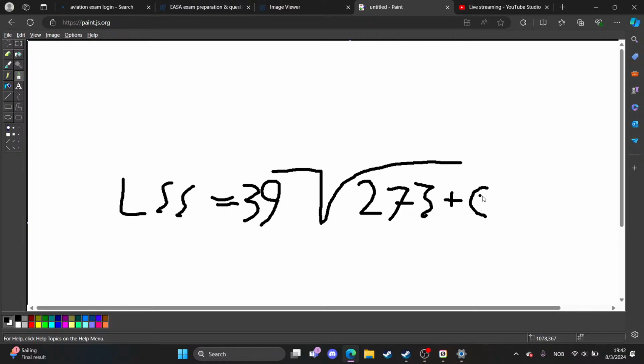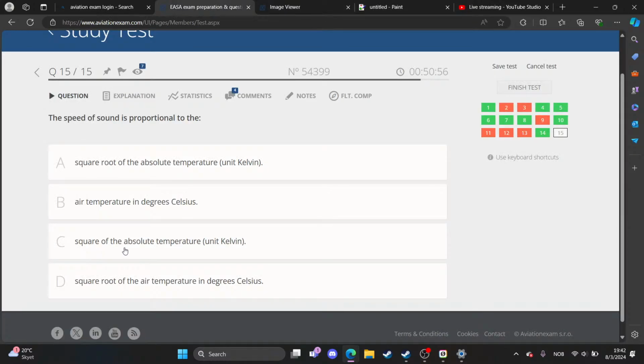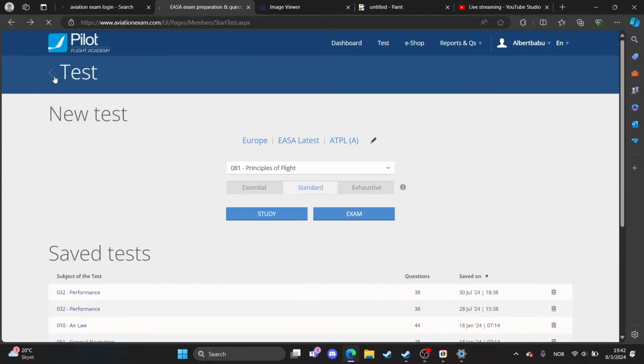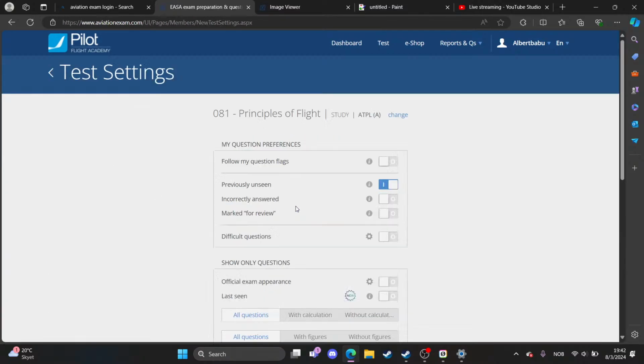That means that if temperature goes down, local speed of sound will go down. So it's square root of absolute temperature. Yes. Square root. I forgot the root. Alright. Whatever. Yeah, don't look at that grade. It's a horrible grade.